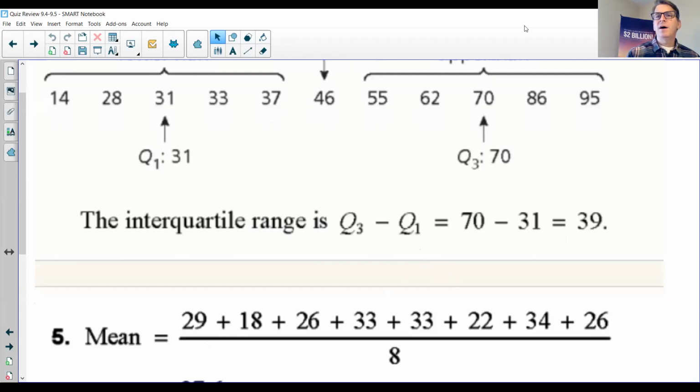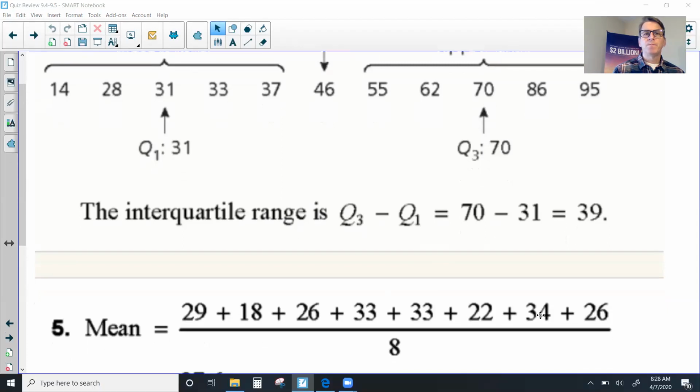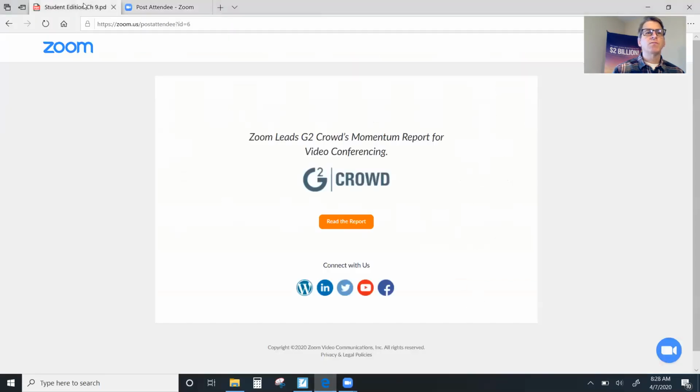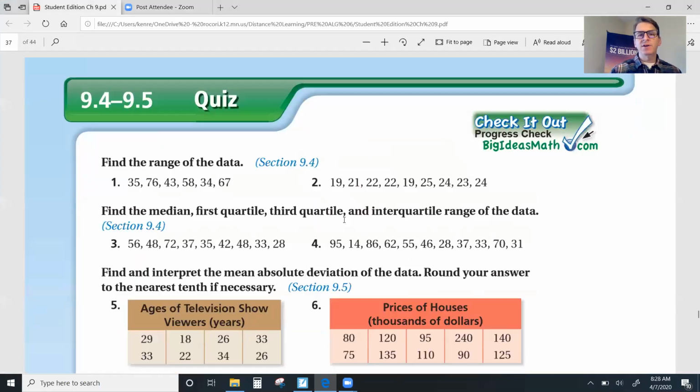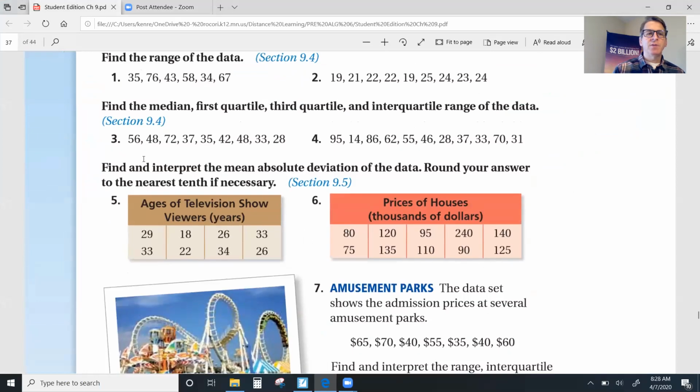And if you're wondering where I'm getting this information, it is from the PDF I had sent you. On the screen here, you'll be able to see that. So we're on number 5 now, ages of television show viewers.